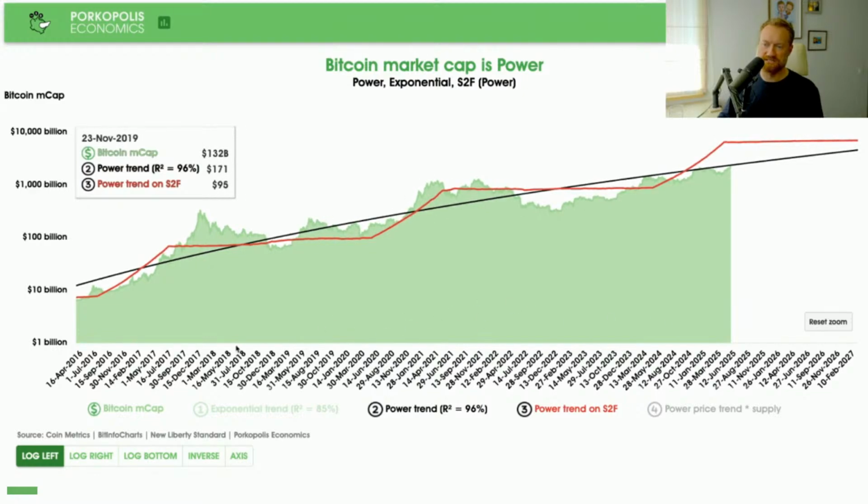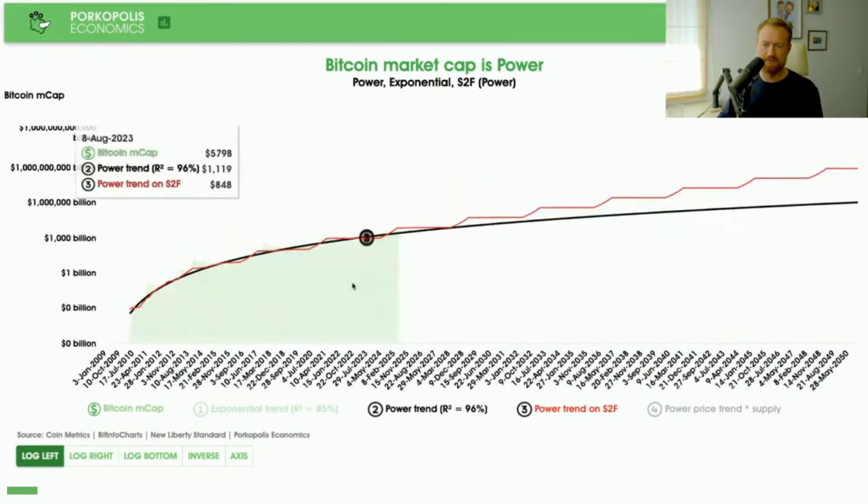And very quickly, as we can see, it might actually look decent here in 2017, because you could say it even kind of catches the top, but it looks less decent here in 2021.